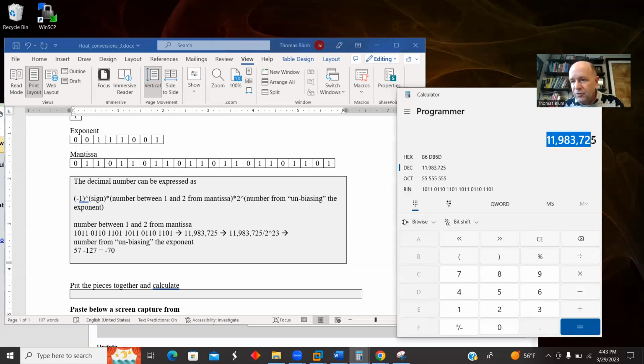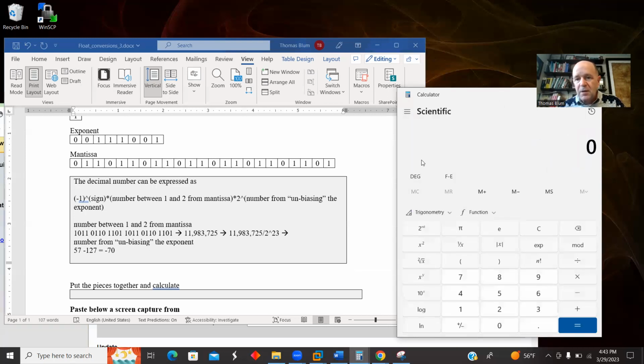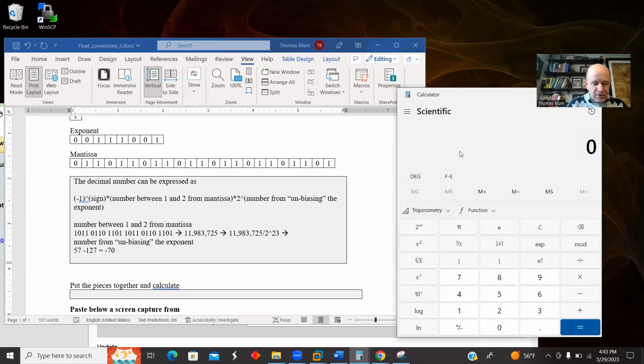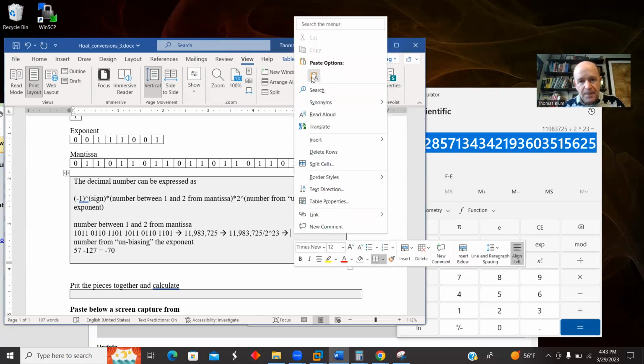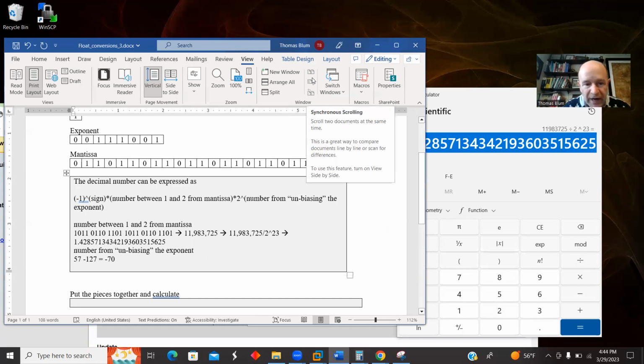So I'm going to take that over to scientific mode, and Control V, paste that back in, and divide it by 2 raised to the 23. And I get a number between 1 and 2.